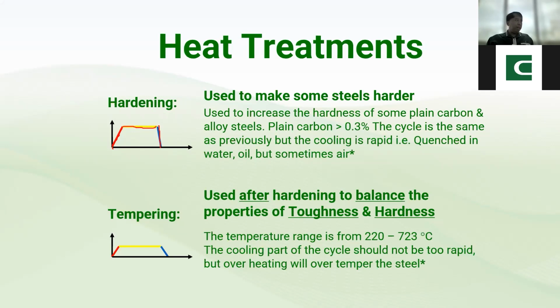Usually, in my experience, these are in the range of 400 to 450 degrees centigrade, no? So, instead of 600, ang tempering, mababa ang temperature. Mga 400, no? Dito sa lecture natin, between 200 to 723.